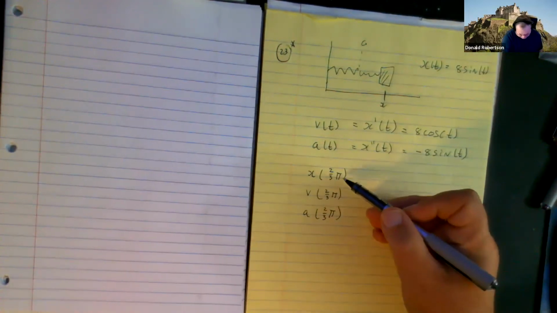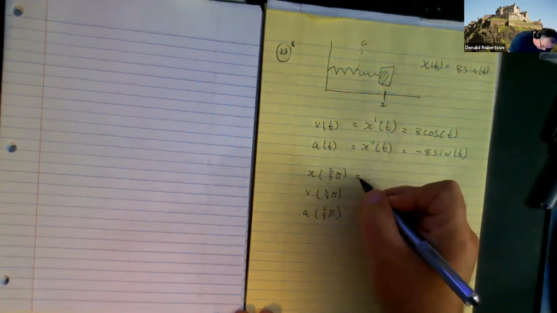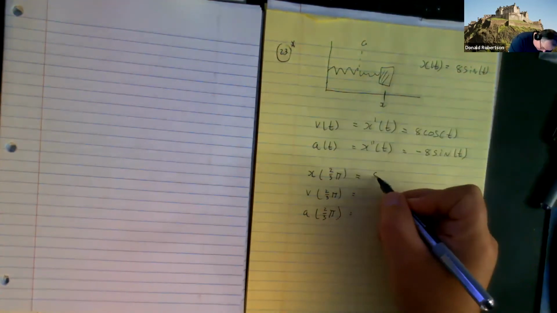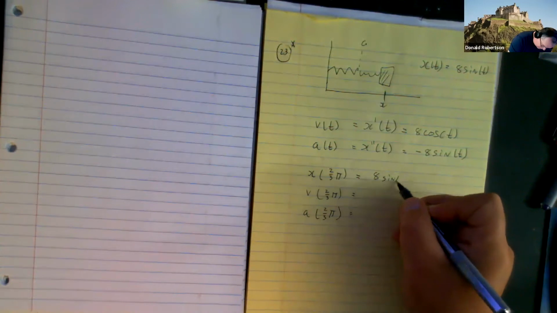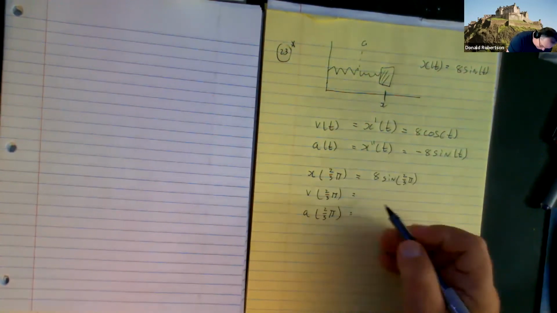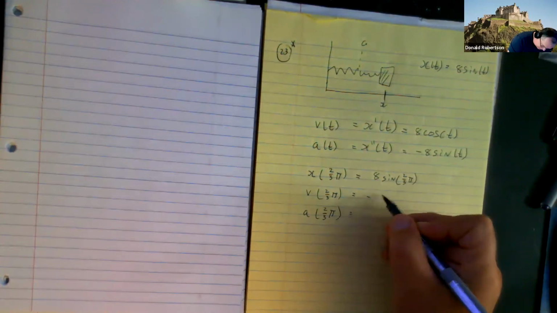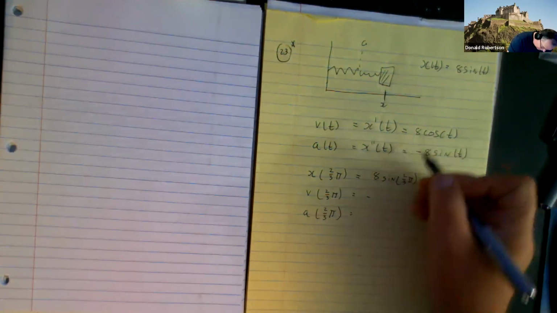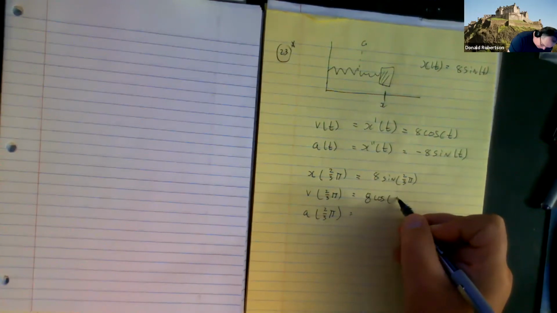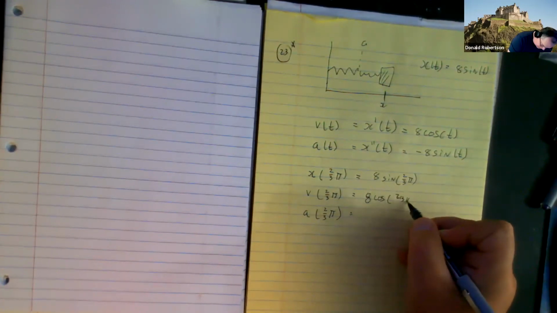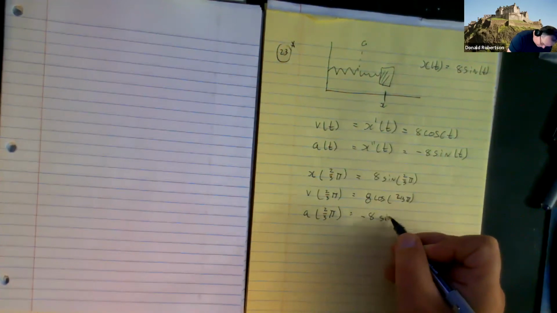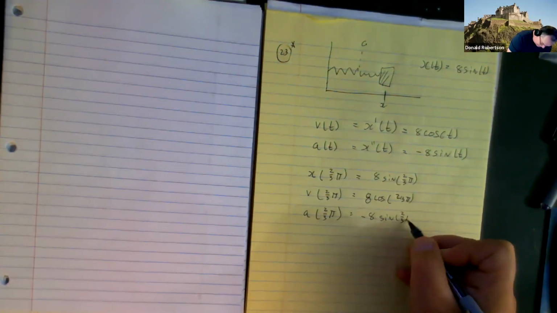That's about 2 seconds, very roughly. The position would be 8 times the sine of 2/3 pi. The velocity would be 8 cosine 2/3 pi. And then acceleration would be negative 8 sine 2/3 pi.